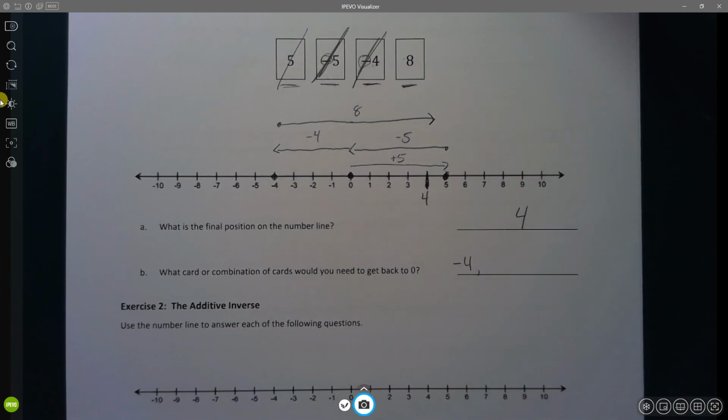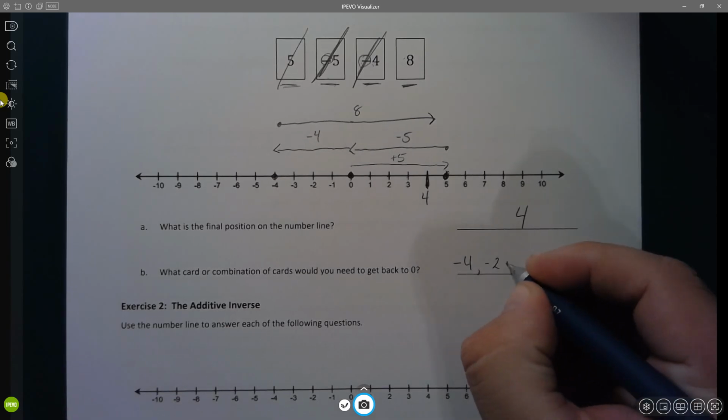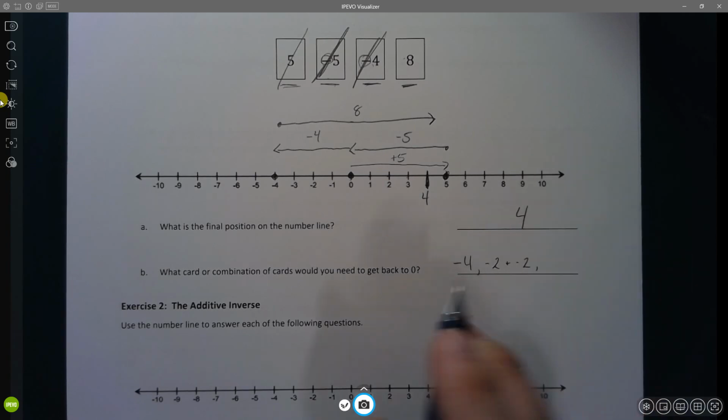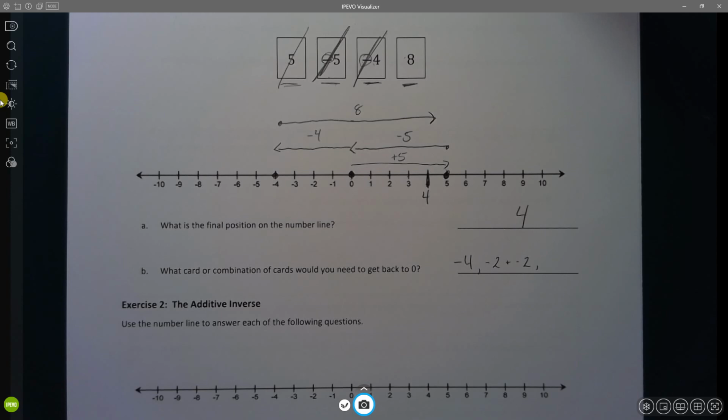What else could I draw? A -2 and a -2. Jamie, fantastic. I could draw a -2 and a -2 and get back to 0. What else can I draw? Mr. Hale, I think if you draw a -1 and a -3, you get back to 0, because 3 and 1 make 4 and it's negative, so it'd be -4.